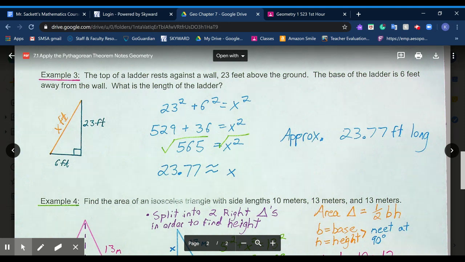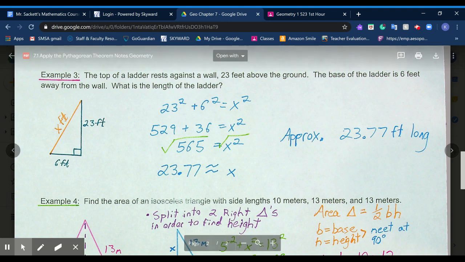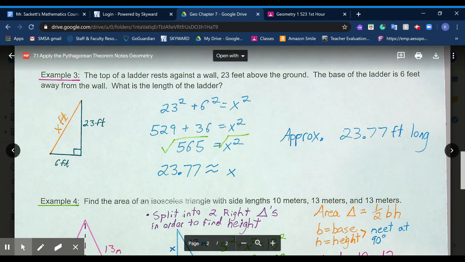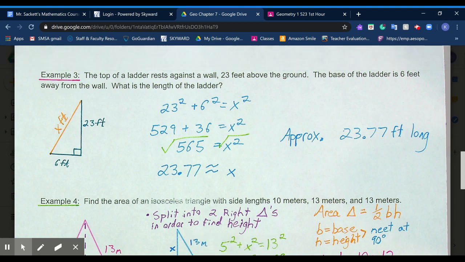So in our setup, 23 squared plus 6 squared equals x squared. 23 squared is 529, plus 36 equals x squared, so x is the square root of 565. The square root of 565 is approximately 23.77.